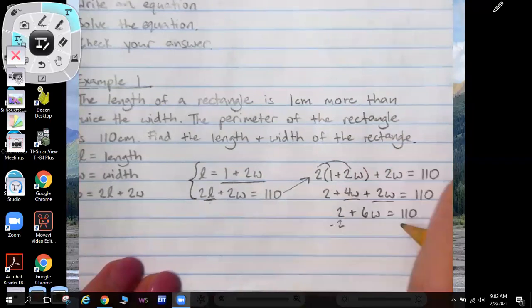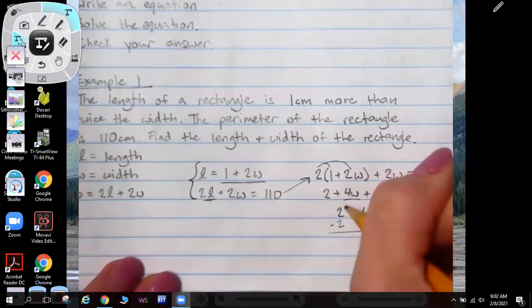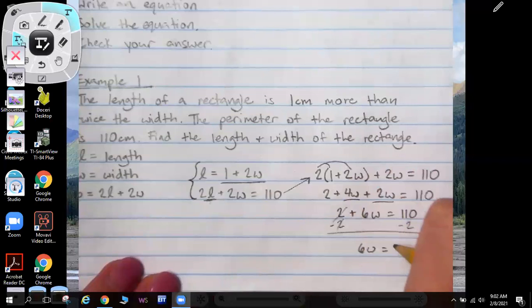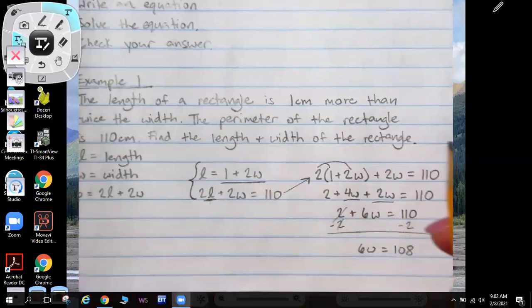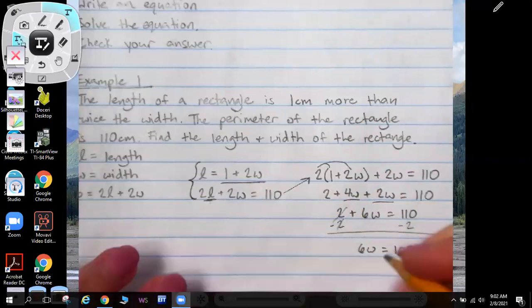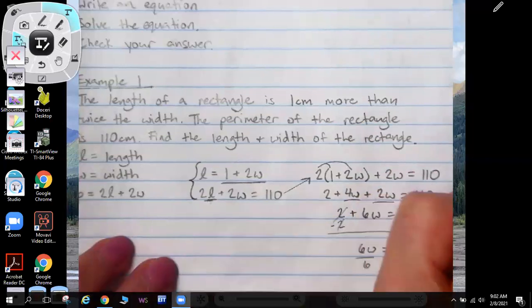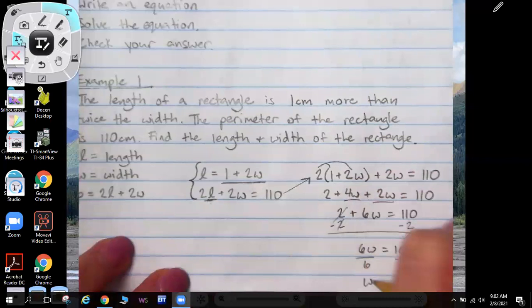Subtract 2 from both sides. We get 6W equals 108. And divide both sides by 6 to get W equals 18.